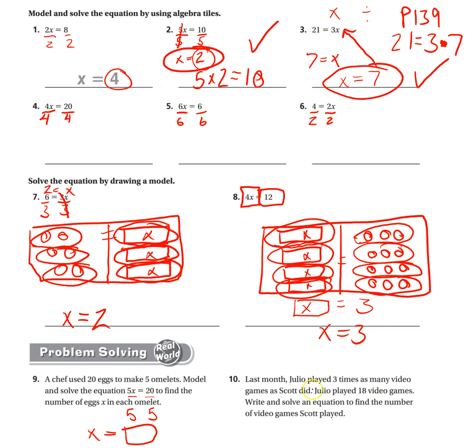All right, number 10. Last month, Julia played 3 times as many video games as Scott did. I'm sorry, not Julia, Julio. Julio played 18 video games. Write and solve an equation to find the number of video games Scott played. Okay.